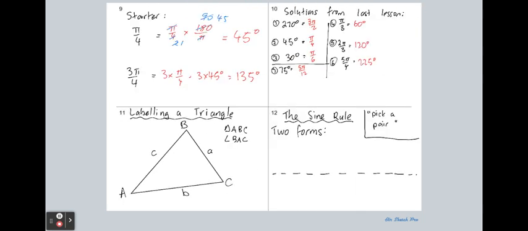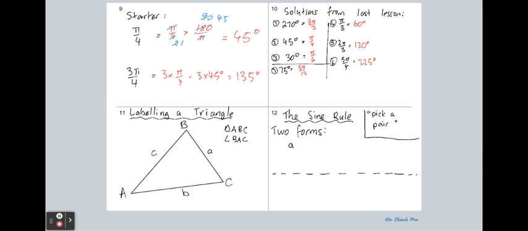So here's the rule. I'll zoom out so you can see the whole lot at once. The sine rule has two forms. They are written like this in your information sheet, but I need to do a bit of explanation afterwards.